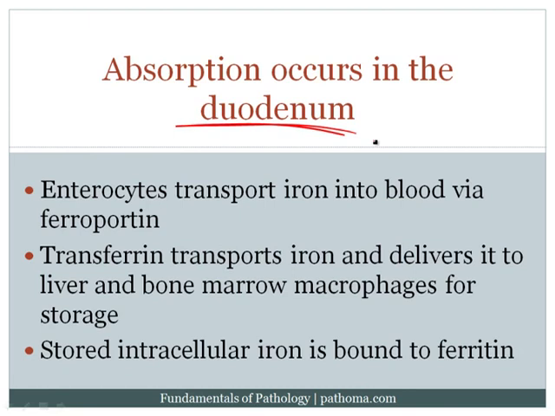Absorption occurs in the duodenum, and it's the enterocyte. Recall that the enterocyte histologically is the cell that lines the villi of the duodenum. The enterocyte regulates the absorption of iron. Basically, the enterocyte takes up iron from the gut and then has the ability to transport it into the blood via a transporter called ferroportin.